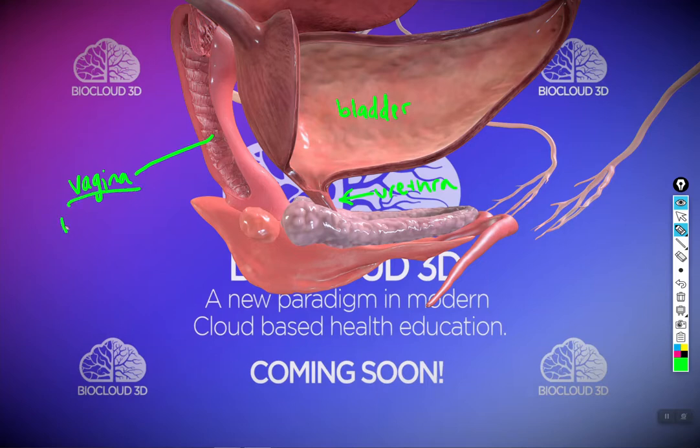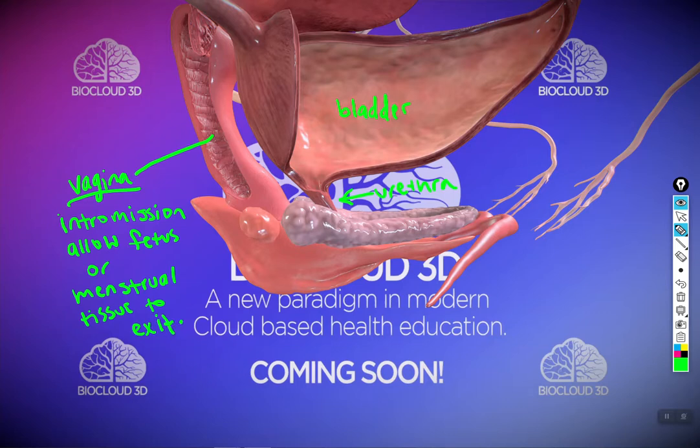One is permit intromission for internal fertilization during sexual intercourse. The other is allow fetus or menstrual tissue to exit.